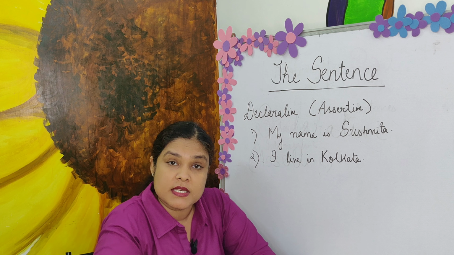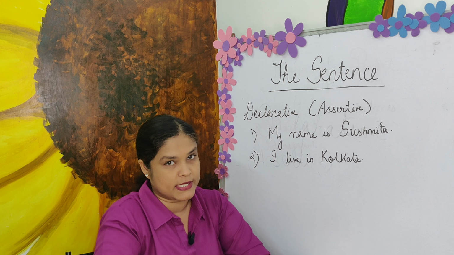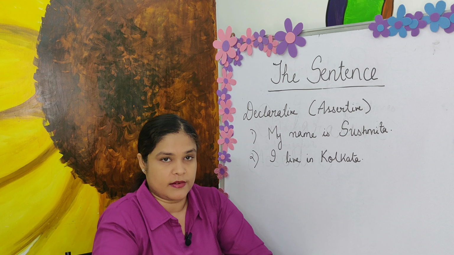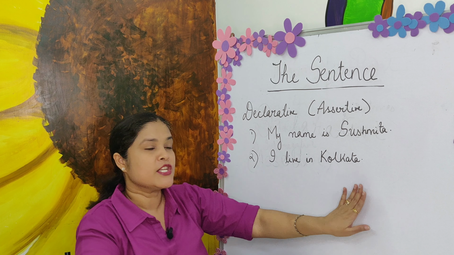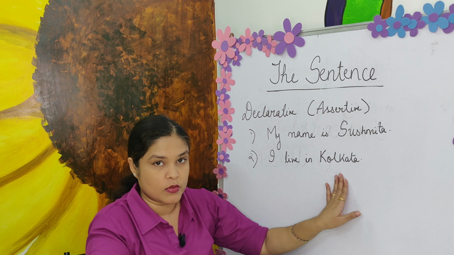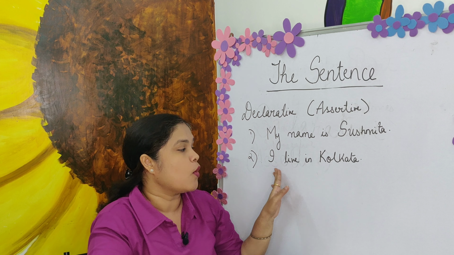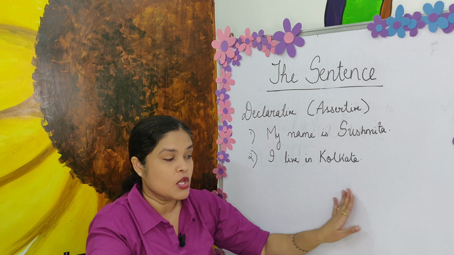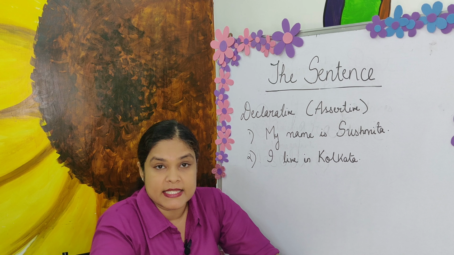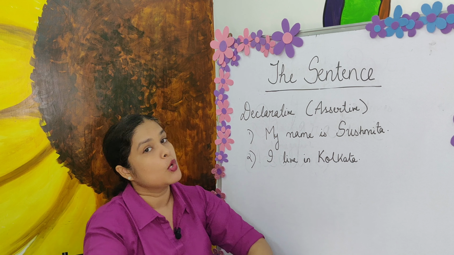So it is important that we keep all the rules that we study in our mind so that we can use them, right? Now I am teaching you the declarative sentence, but I also utilize the concept of proper noun, and also the rules of punctuation. So I live in Kolkata. I am stating the fact that I live in Kolkata.